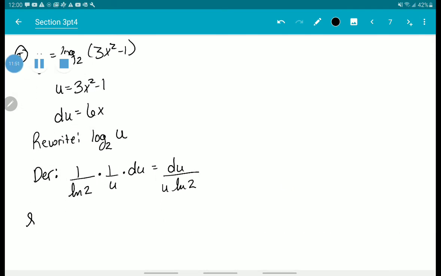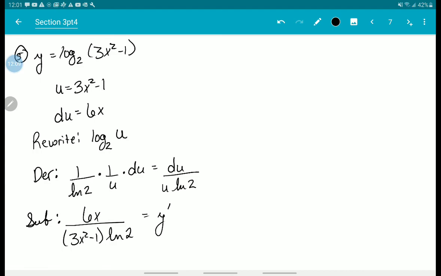And then make our substitution. du was 6x. u was 3x squared minus 1. So final answer is 6x over 3x squared minus 1 multiplied by the ln of 2 in the denominator.